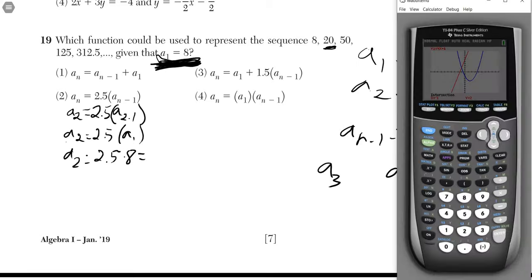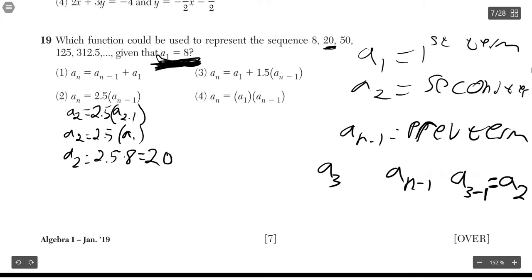Which is actually going to be 20, right? If you're not sure, you can check your calculator. Even if you think you're sure, it can't hurt to double check. 2.5 times 8 is 20. So that works. And really you should keep checking.